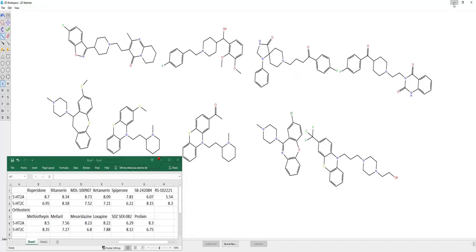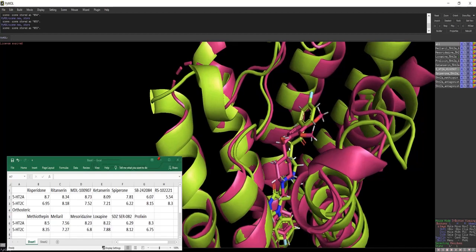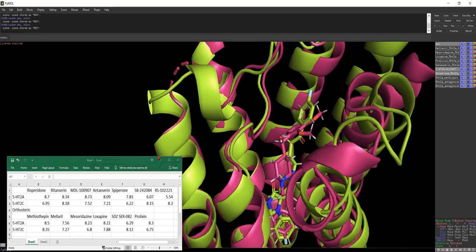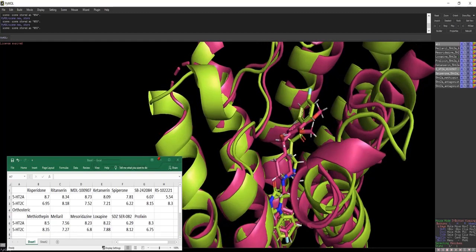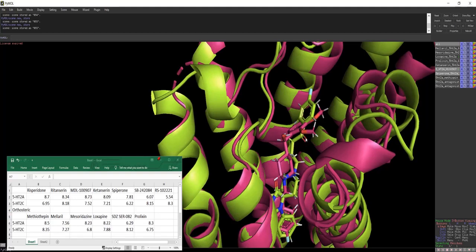Now if we look at these docked structures, we can see in the MDL structure that it actually points and interacts with the extracellular loop 2. And while in spiperone, this carbonyl is pointing the wrong direction, in a variety of other docked structures, it's in fact pointing and interacting with that extracellular loop 2, which would result in it binding with a higher affinity.